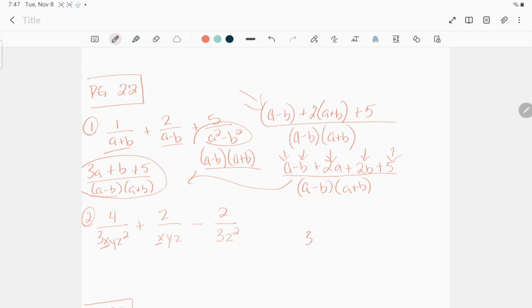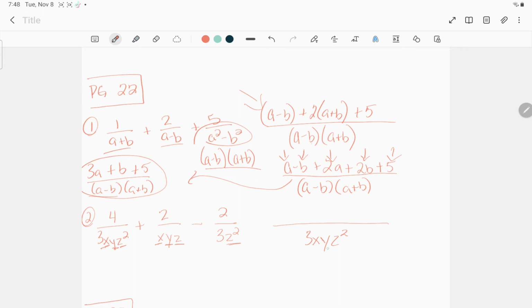Don't have anything here. So I know an x. And then I have a y here, and a y here. I don't have a y in that third one. So I'm going to put my y. And then I have a z squared, a z, and a z squared. Well, what is the highest number of times that z shows up? Twice. So my least common multiple is z squared.